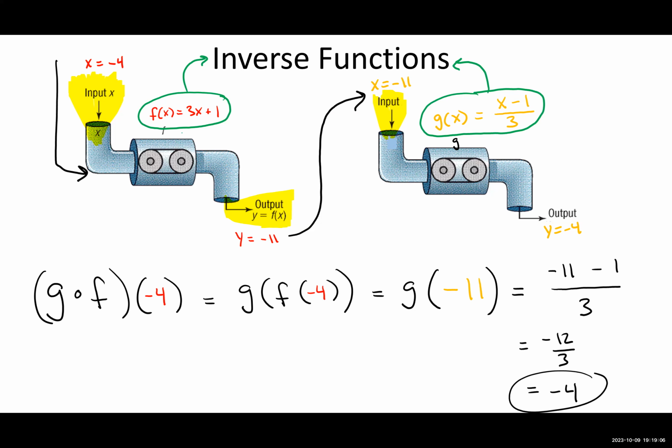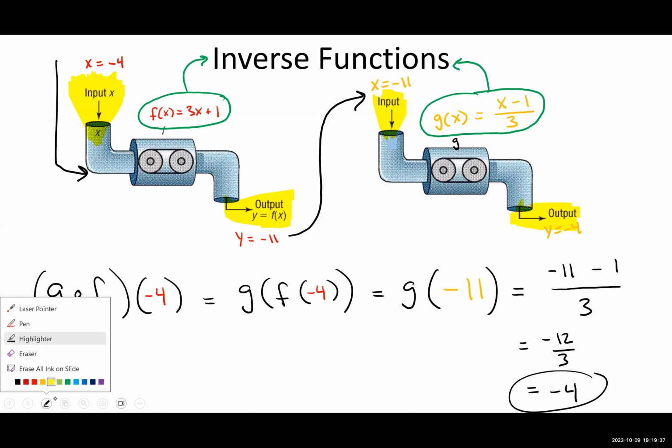Now, when we start with the 3x plus 1, there's only one option for g of x. It had to have been x minus 1 over 3. I haven't talked about where that came from or how I came up with that in my head, but we're about to. So this is the relationship between a function and its inverse.